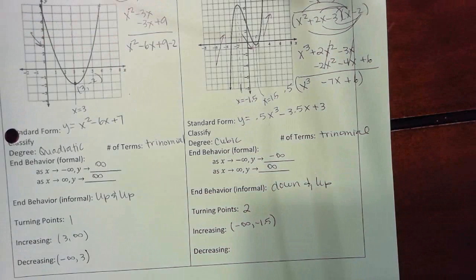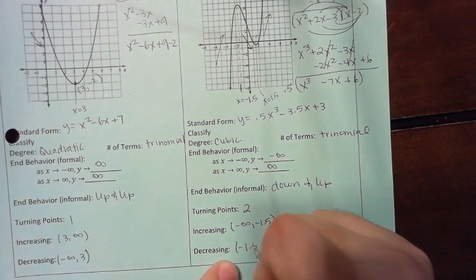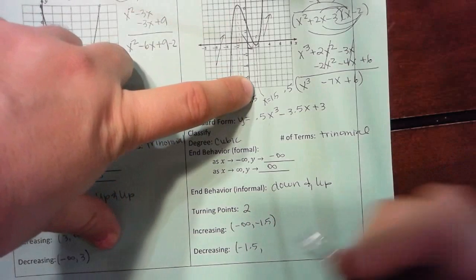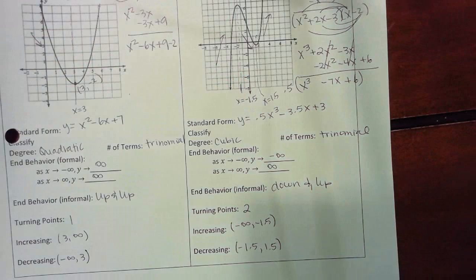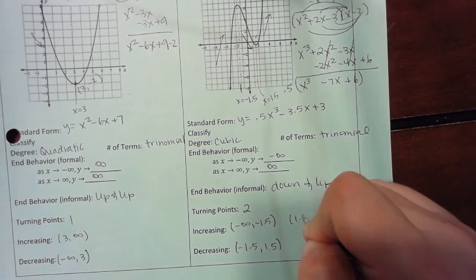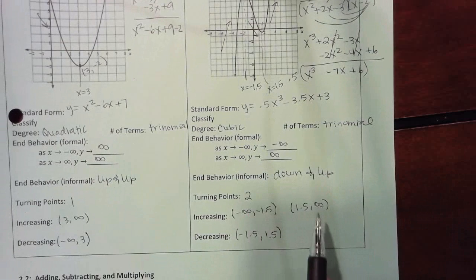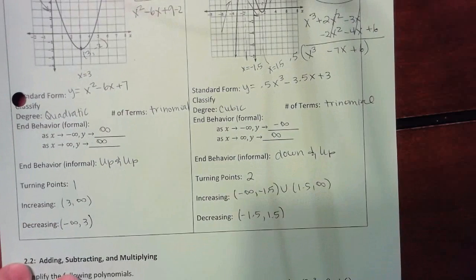At that point it turns, starts going down. So from negative 1.5, when does it stop? At the next marking that I just made, 1.5. So from negative 1.5 to 1.5, it's going down, then it turns again. From 1.5 to infinity, goes back up. Now if I have 2 pieces of the domain, we'll connect those together with a little union symbol, that U.